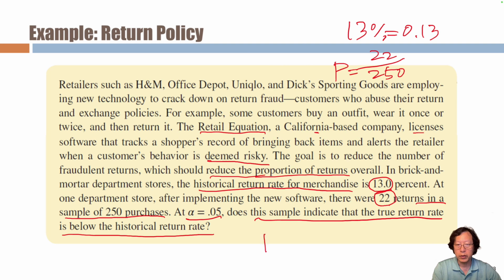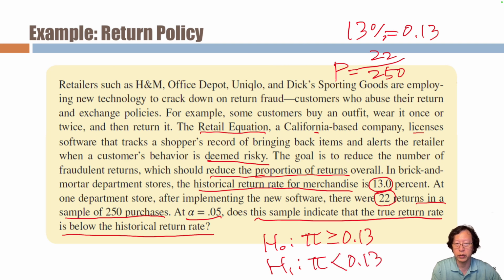So the null hypothesis is not reduced, which means our pi is greater than or equal to the historical 0.13, and the alternative hypothesis is that pi is smaller than 0.13, which means it's actually reduced.